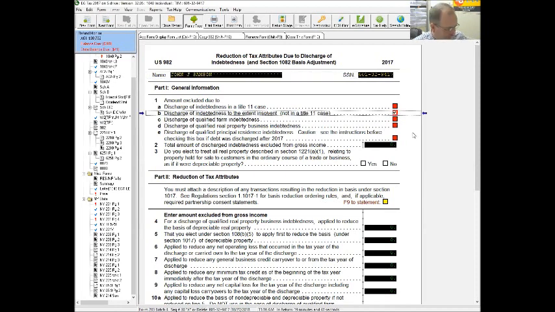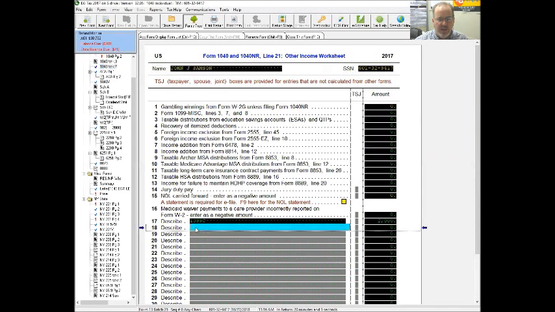That's where I'm going to check that. And I'm going to say all $2,000 because he is insolvent. All right. So again, 982, I got that. If I go back to my worksheet 7, that's where we had this cancellation of debt. Below it, I'm going to type form 982, and I'm going to put a negative 2,000 in there. So that way I just got rid of it.